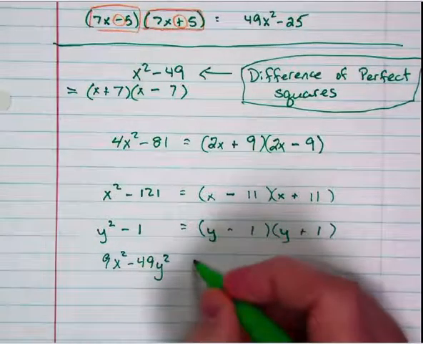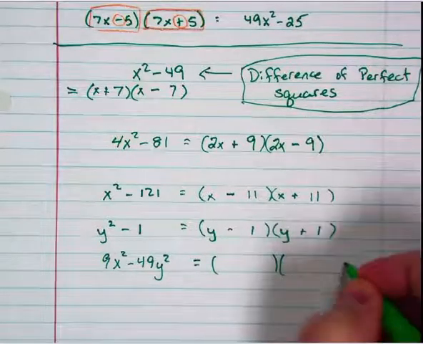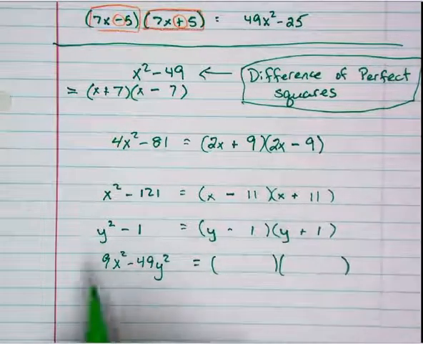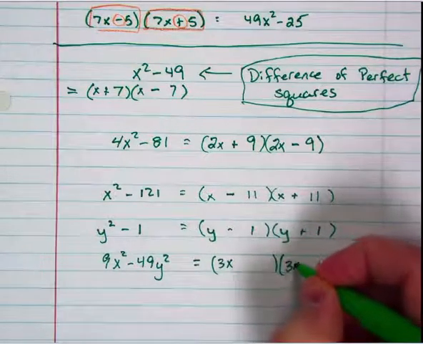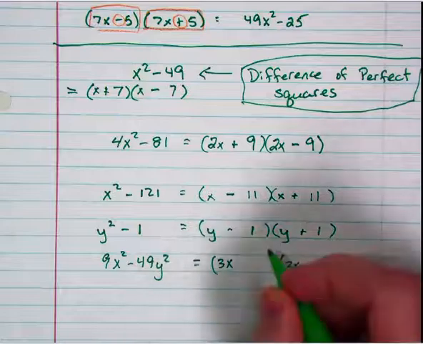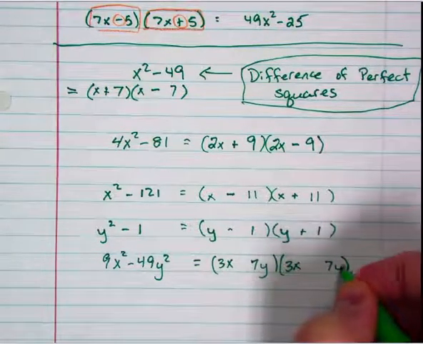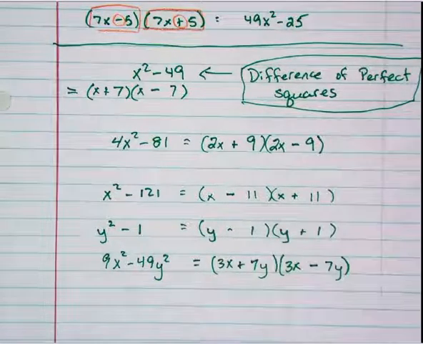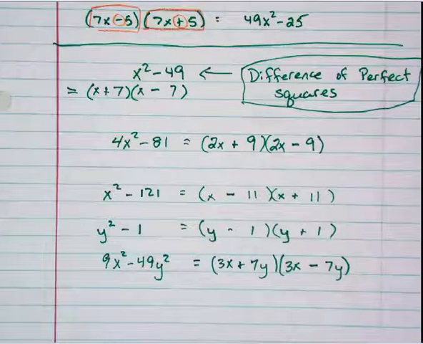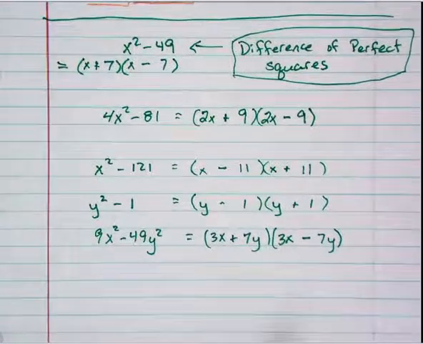It is the difference of perfect squares. So this will look like this. To get 9x squared, we do 3x times 3x. To get 49y squared, we're going to have 7y times 7y, but one is positive and one is negative. That's it.